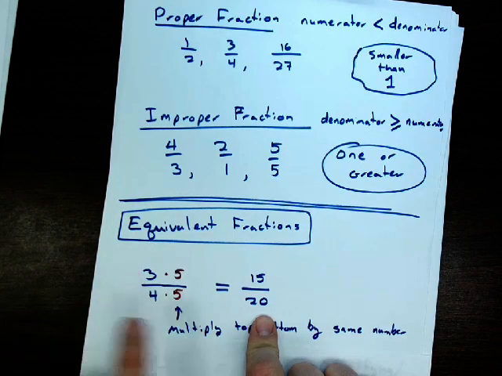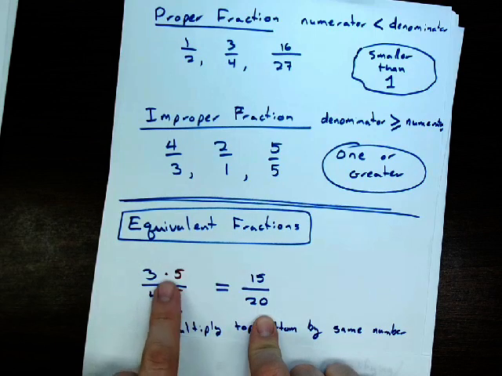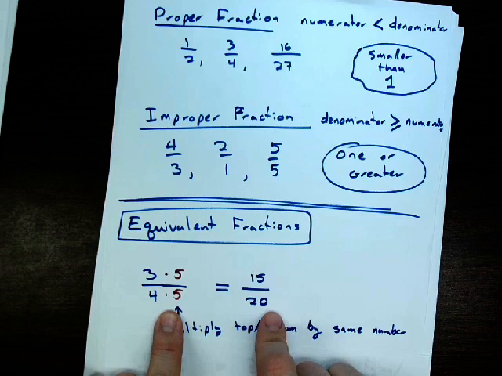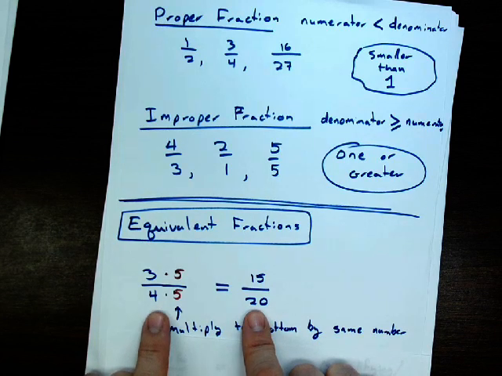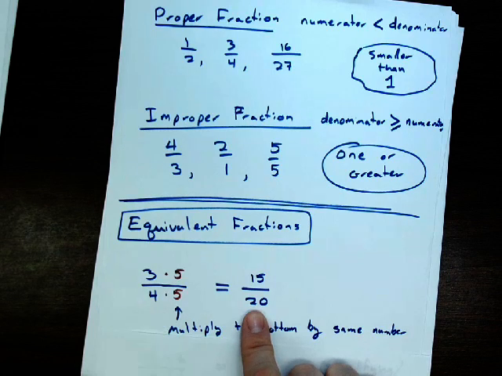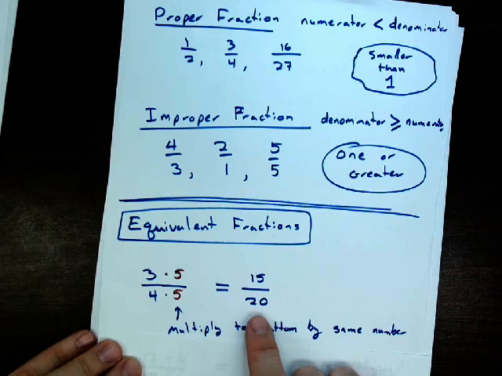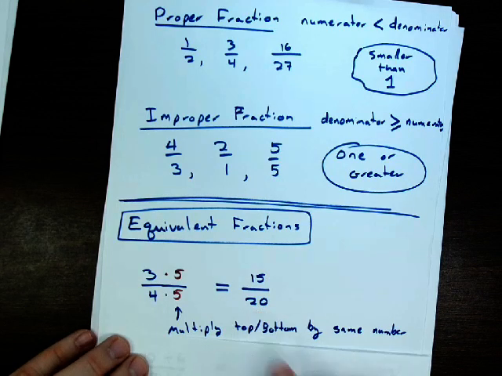So 3/4, if I multiply the top by 5 and the bottom by 5, I'll end up with 15/20. 3/4 is equivalent to 15/20. They would represent the same quantity. Or if you'd like to think of it in food terms, you've taken pizza slices and you've made the slices smaller, but it'll still fill up the same amount of box.